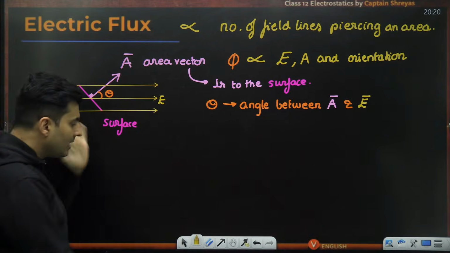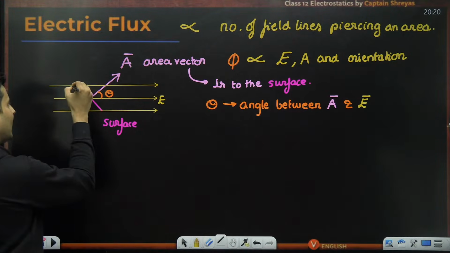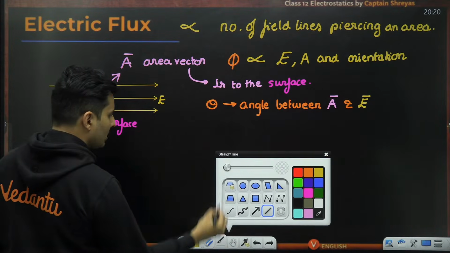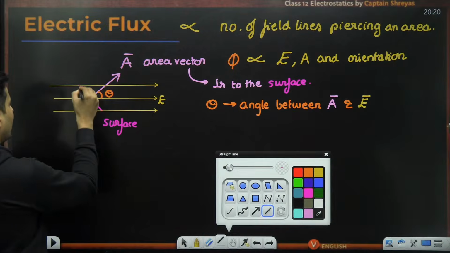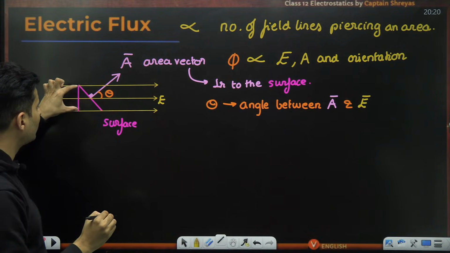3 lines are passing. Same flux will also pass through another imaginary area which is exactly perpendicular like this. Just imagine another perpendicular area like this. So same flux will pass even through this.